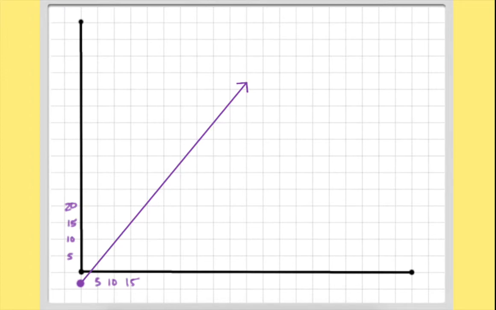Then we have x has to be between 26 and 34, which puts our vertical lines around here, 26 and 34. And y is greater than or equal to 0.